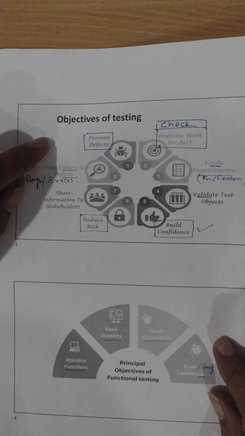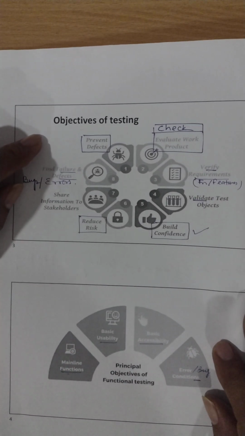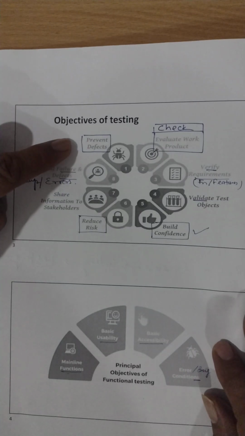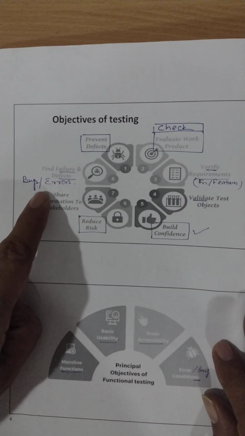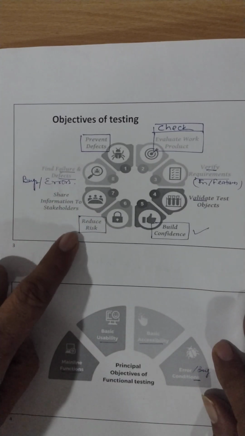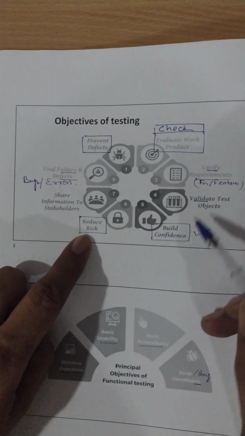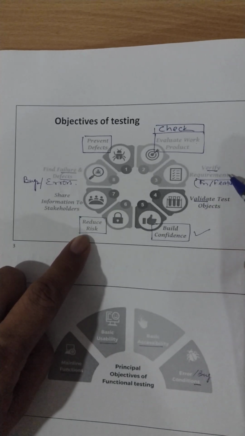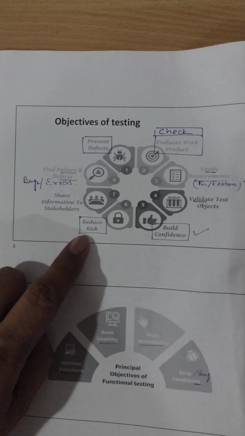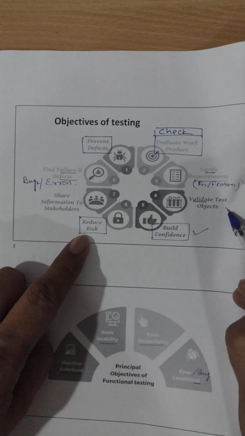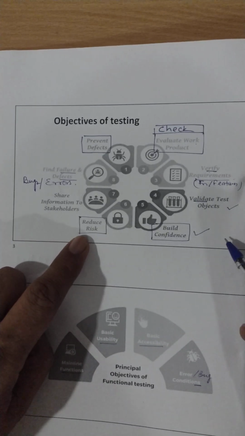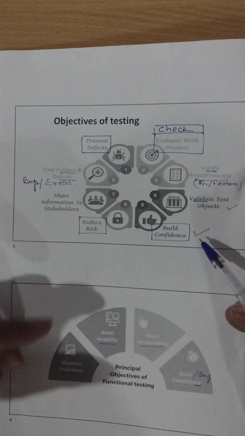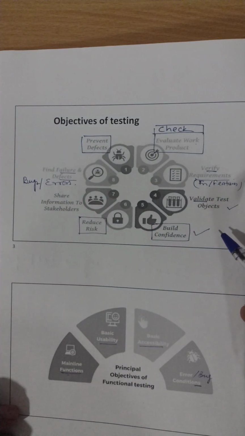Now, what is the objective of software testing? The objective is to prevent bugs, ensure that we find the bugs and errors, reduce the risk, evaluate the work product, verify the requirements, functions and features, validate, and build confidence in the product or service which we are offering.